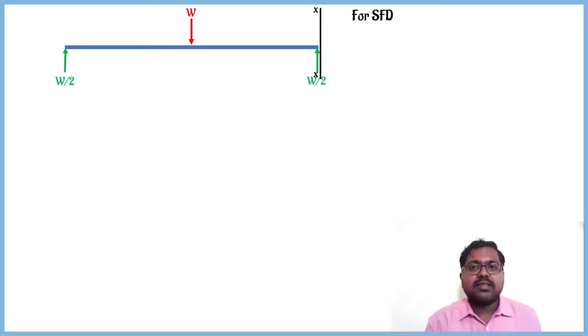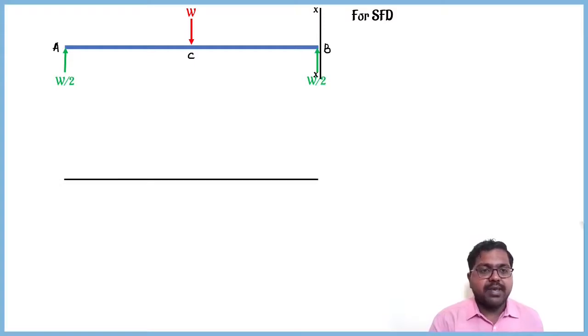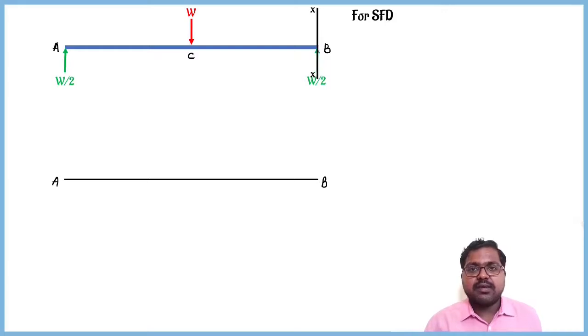Now I am taking this cross section XX at the right hand side, which is at support B. I am marking it as ABC. Now if I draw the baseline AB, the shear force at section B, which is just left of B, will be equal to FB, which is equal to W by 2 on the right hand side.